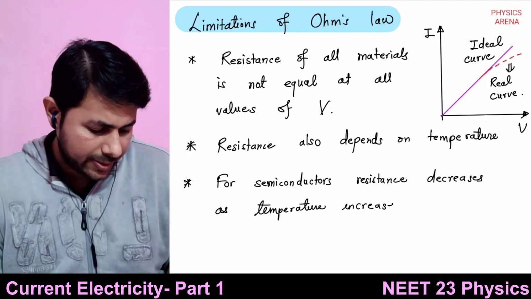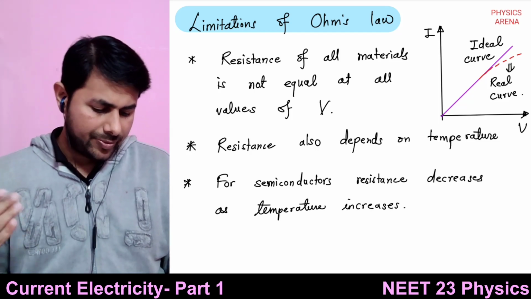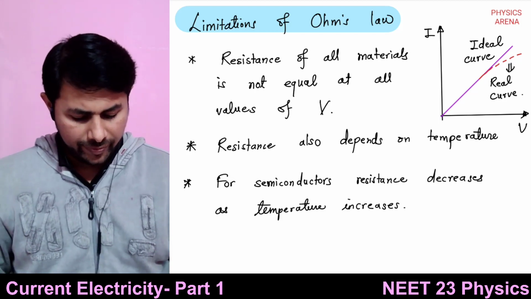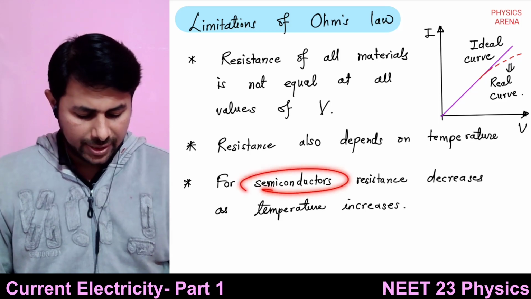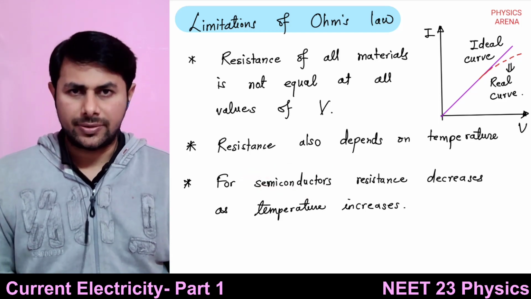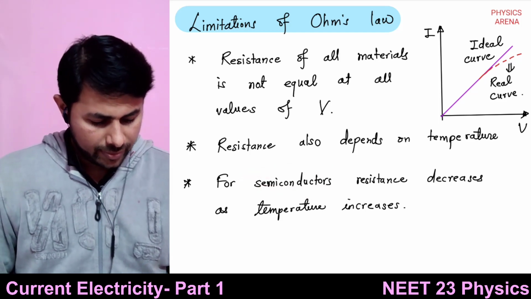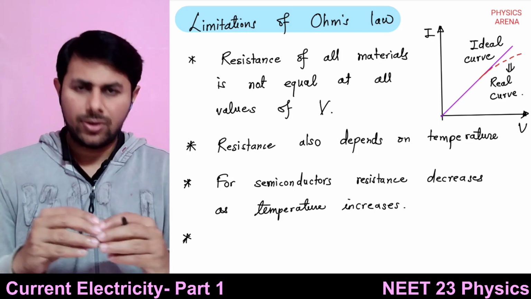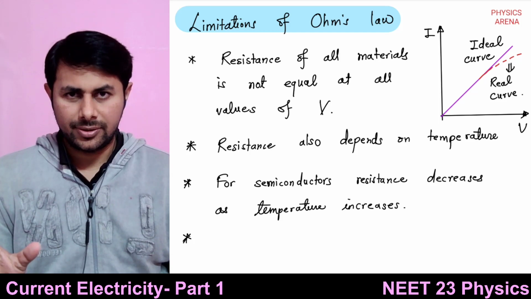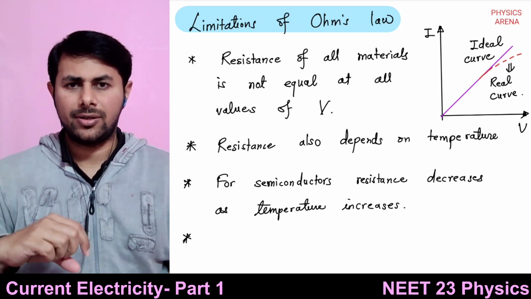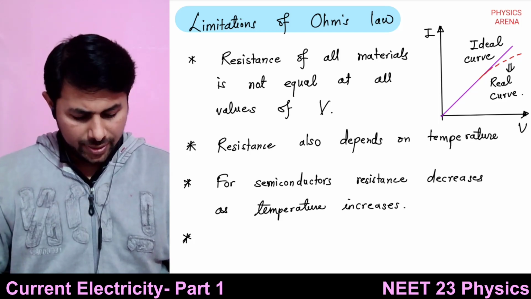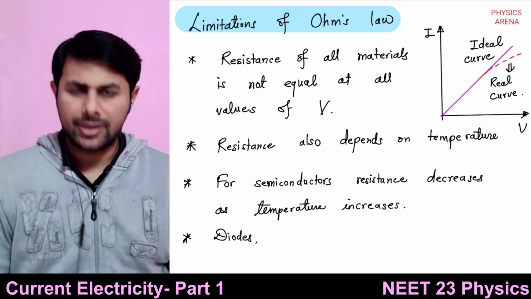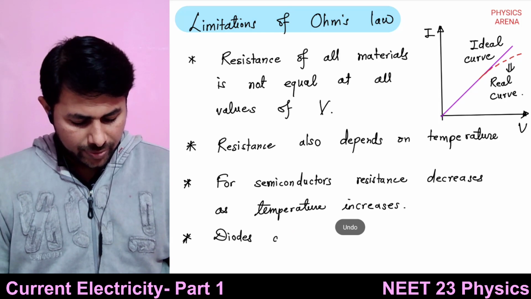This will happen first, and then there will come a point when it will start to increase again. So semiconductors show some weird pattern for current. And Ohm's law is not applicable to all the components that we use in electric circuits. For example, semiconductor diodes don't obey Ohm's law.